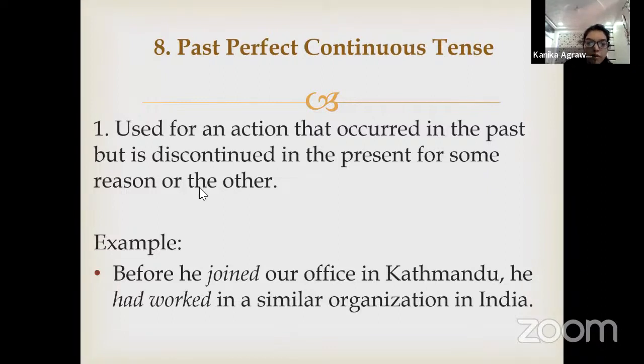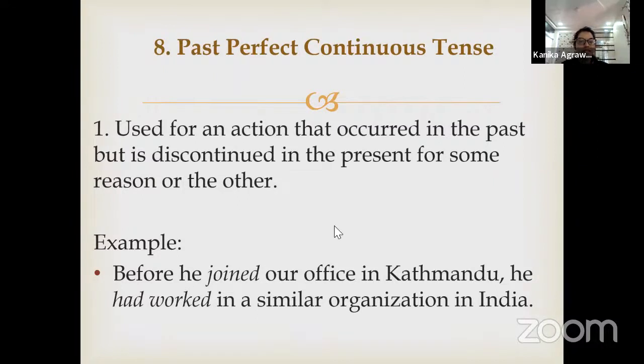Okay, so an example of past perfect continuous tense is that before he joined our office in Kathmandu, he had worked in a similar organization in India. Okay, before he joined our college as English teacher, he had taught in some other colleges. Yes, okay, good.